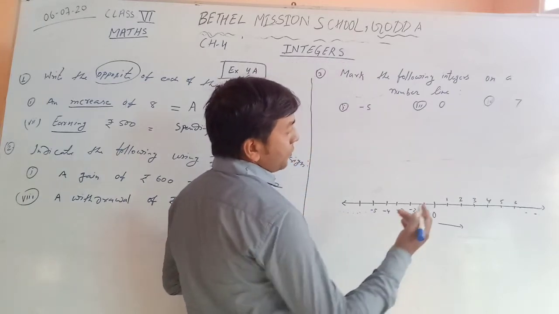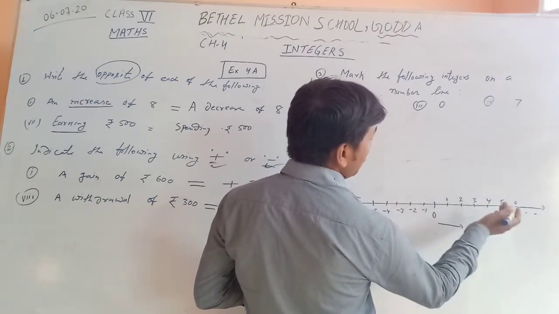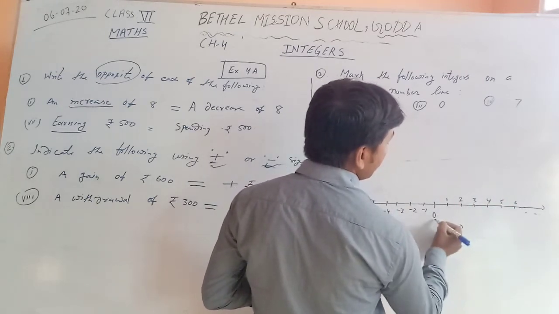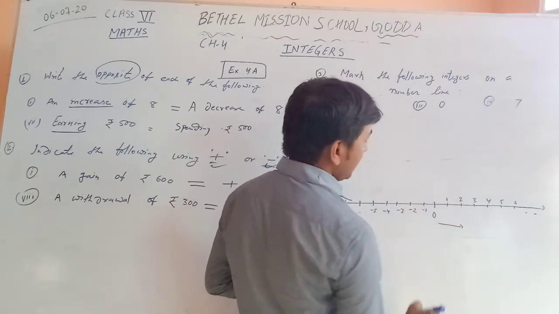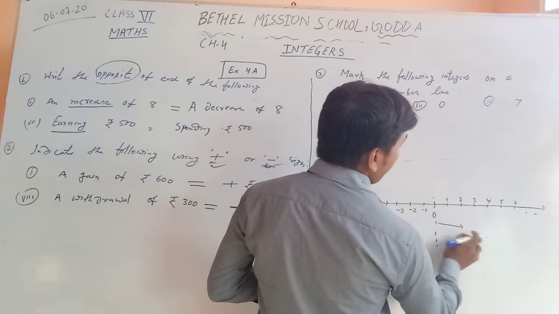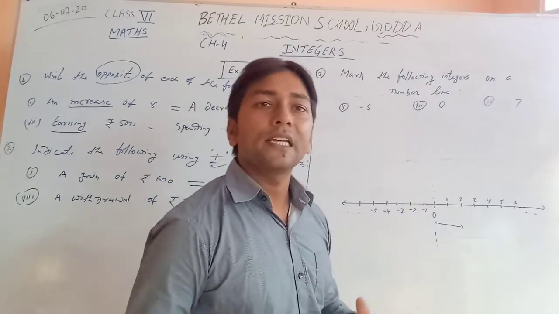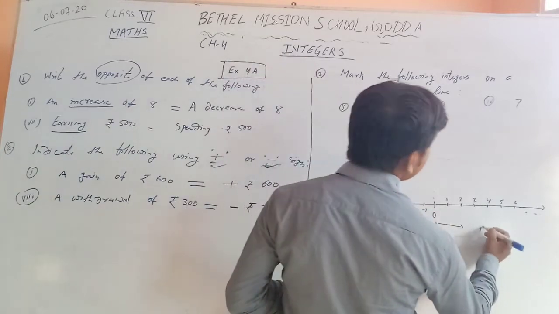you are finding that when you move right to the 0, the numbers are increasing.